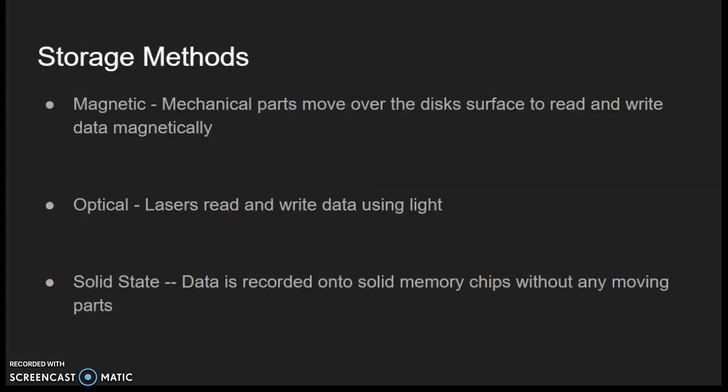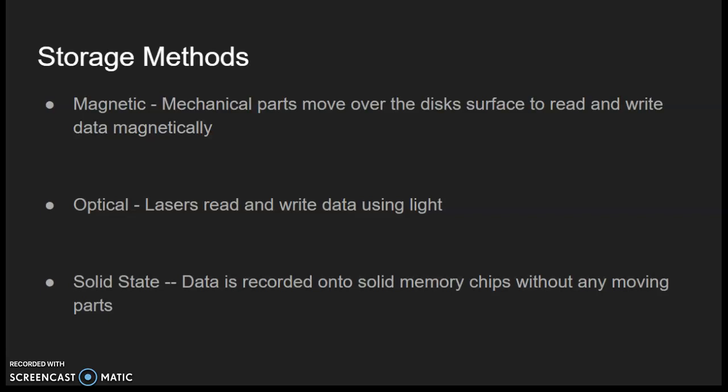So, storage methods. You've got a magnetic storage method. Its mechanical parts move over the disk surface to read and write data magnetically. Okay, and that's used a lot on your hard drive. At the moment, the data is read from and written to that using those mechanical parts.